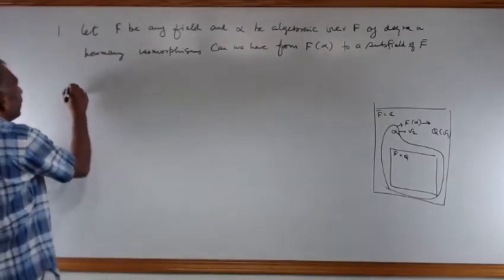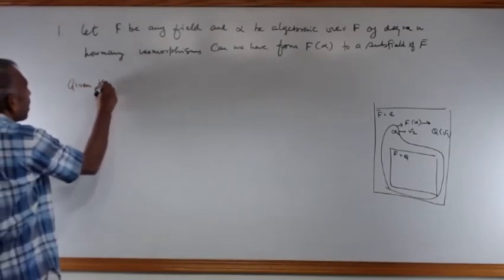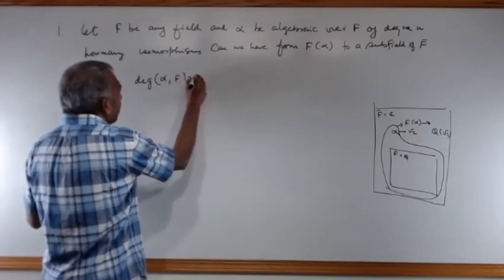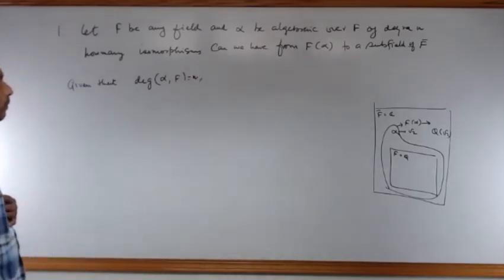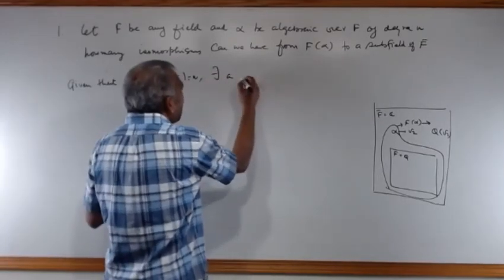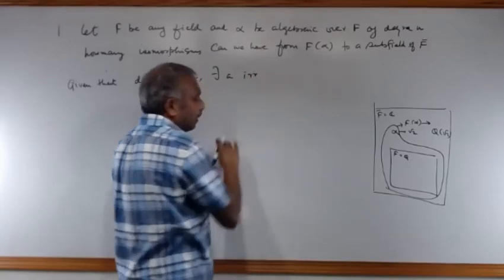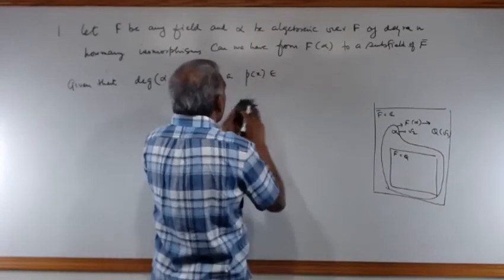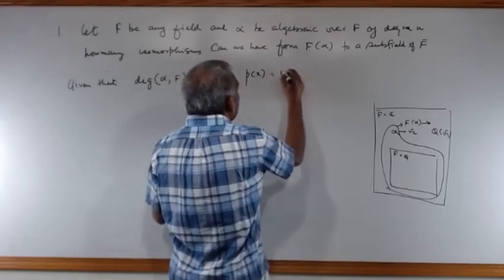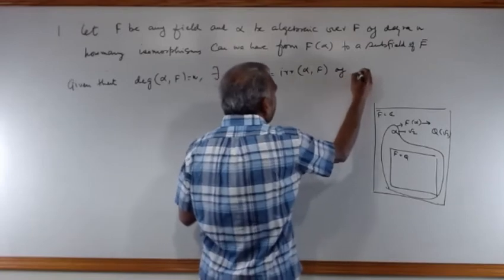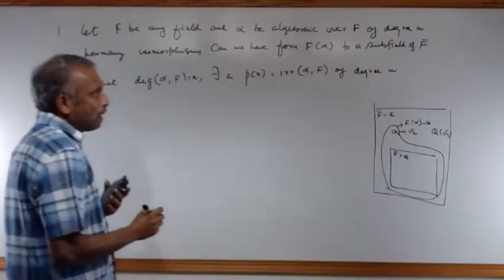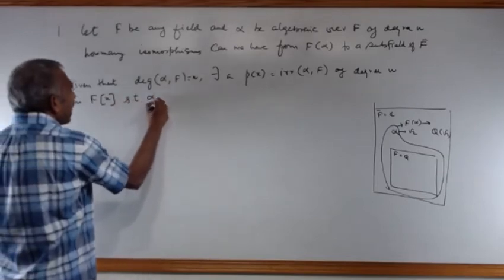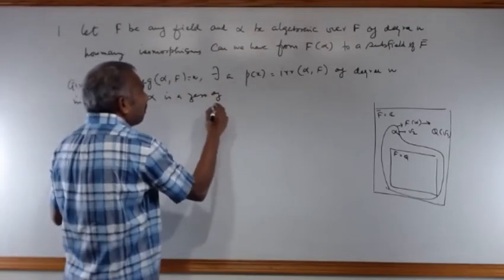So, given that degree of alpha comma F is equal to n, there exists an irreducible polynomial, say p of x, the irreducible polynomial of alpha over F of degree n in F of x, such that alpha is a 0 of p of x.